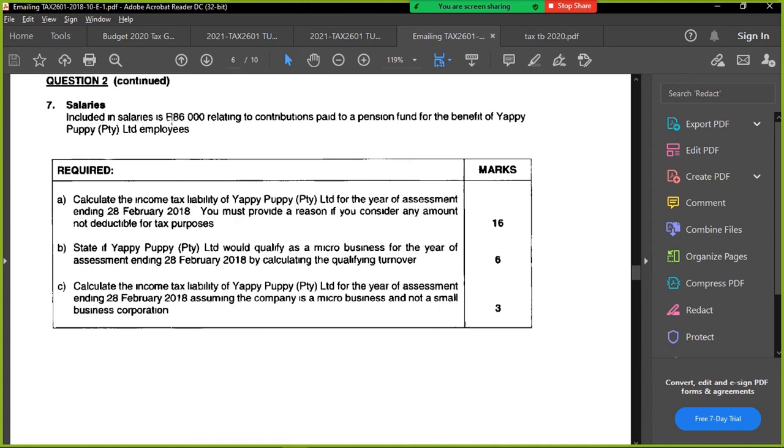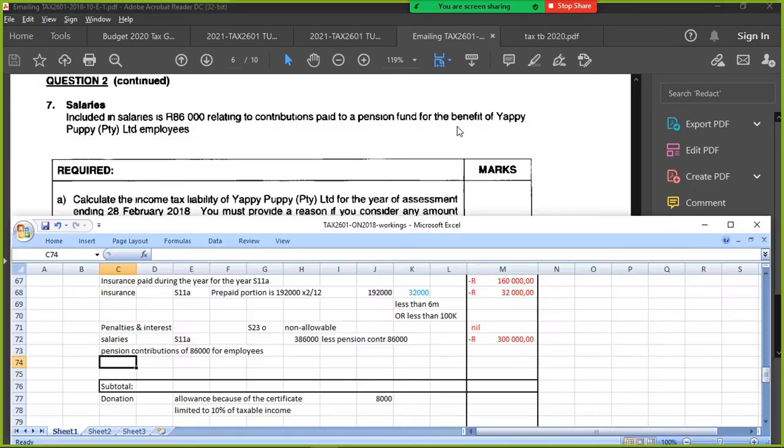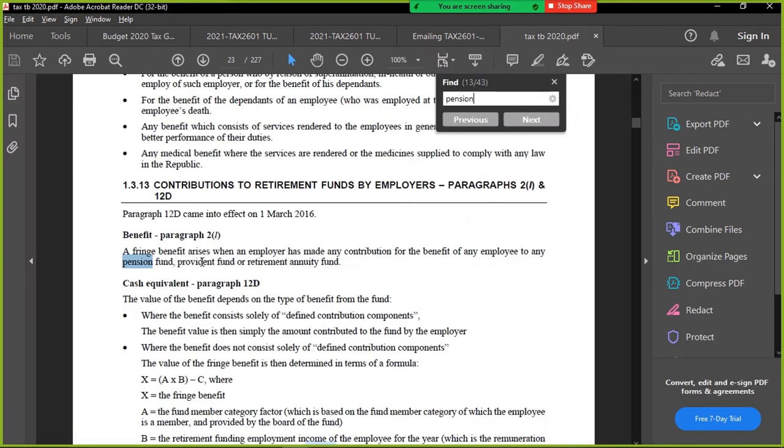Included in salaries is 86,000 related to contributions paid to a pension fund for the benefit of employees. So did we pay that? It sounds like we did. Yes. Okay, so contributions to retirement funds by employers, we need to apply this.